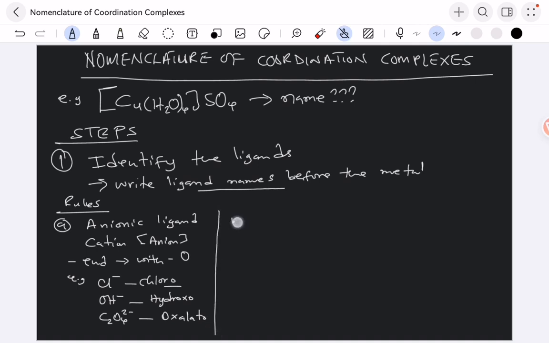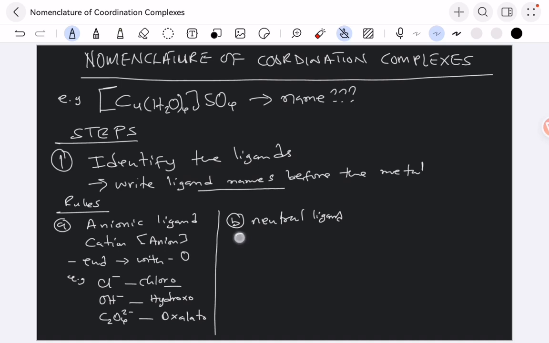Then B is when your ligand is neutral. So what happens when you have a neutral ligand?